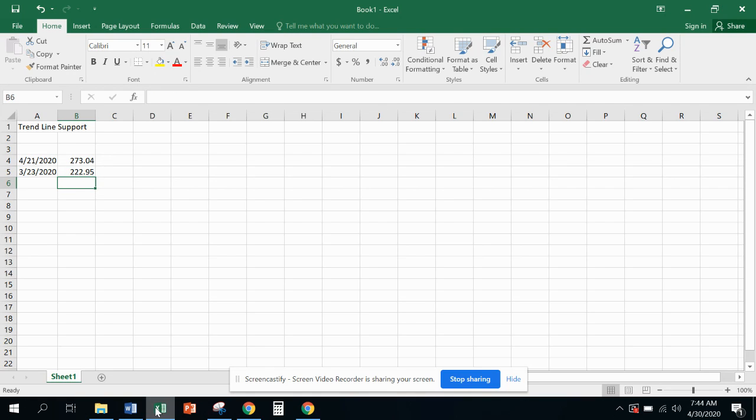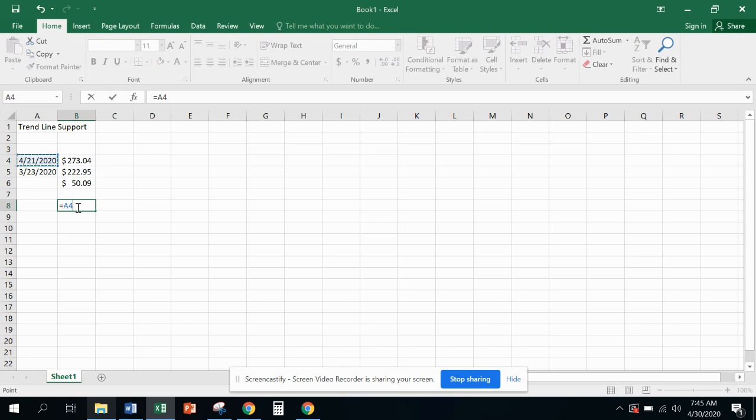Now, what I'd like to do is calculate the slope. So we're going to look for the difference between the higher low and the lower low, and that looks like a change of $50. Let me just highlight these for a second and change these to dollars. Now, what we'd like to figure out is the change in days.